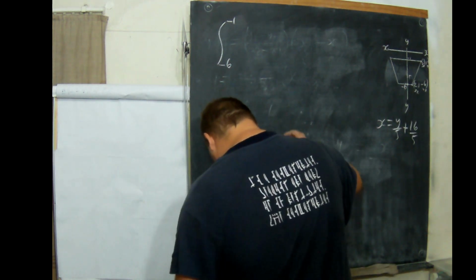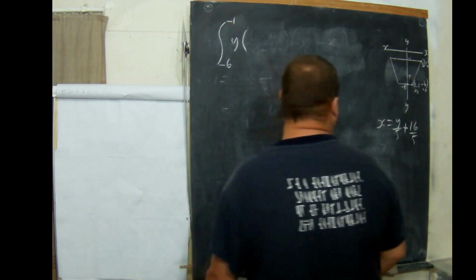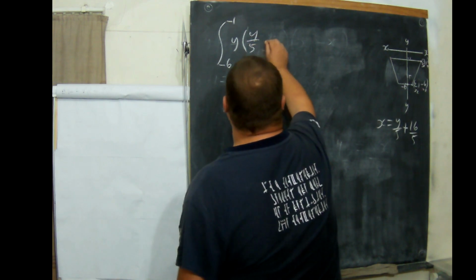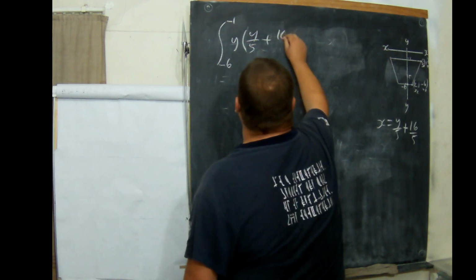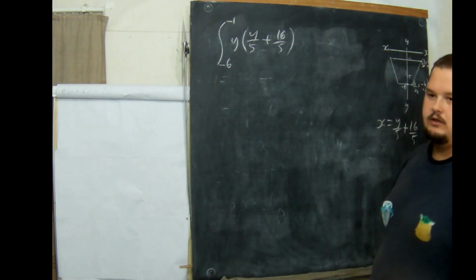Now we are left with y times y over 5 plus 16 over 5. Now we've just got to multiply y through.